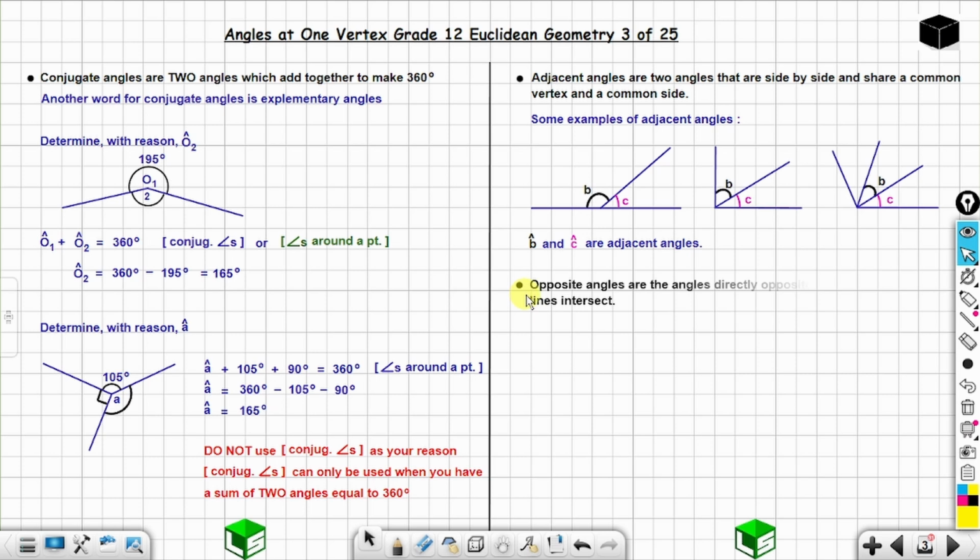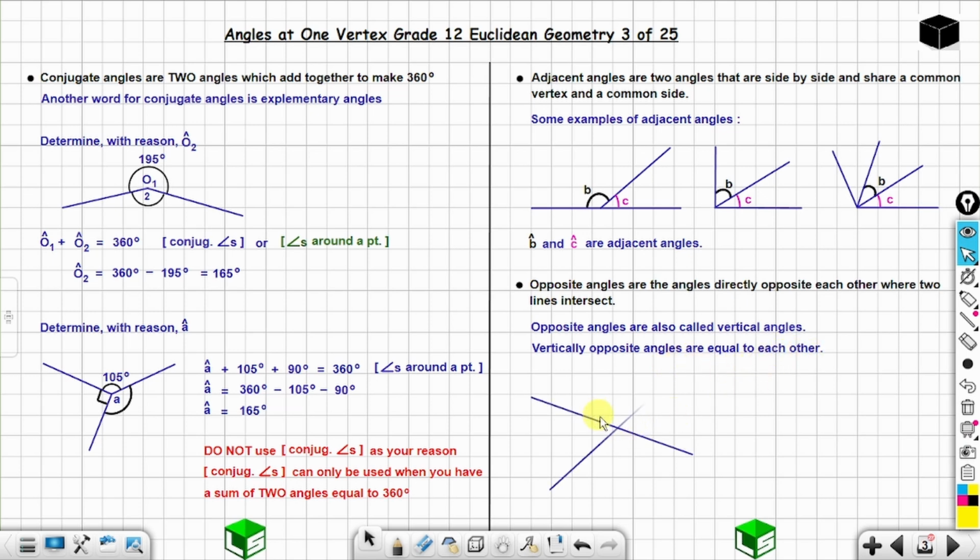Okay, opposite angles are the angles directly opposite each other where two lines intersect. Opposite angles are also called vertical angles. So vertically opposite angles are equal to each other.